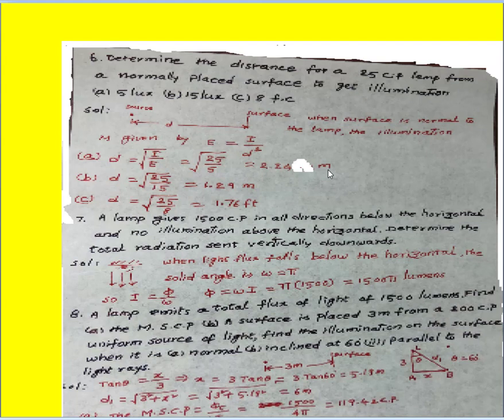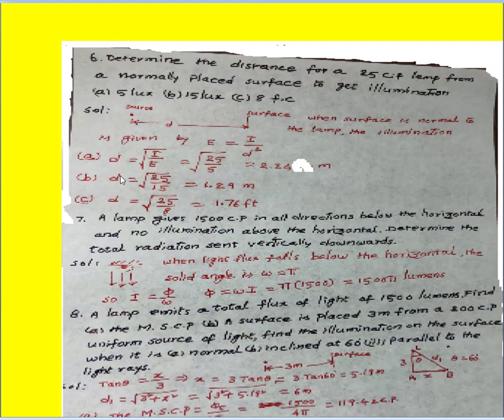So to get the illumination of 5 lux, we have to keep the surface at a distance of 2.24 meters. Next, B bit. We want to know the distance of the surface from the source to get the illumination of 15 lux.